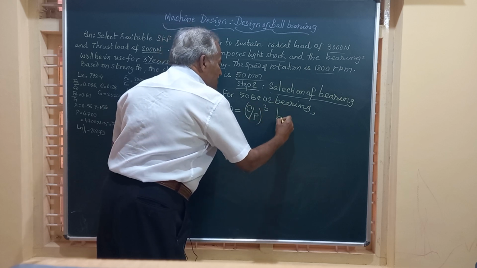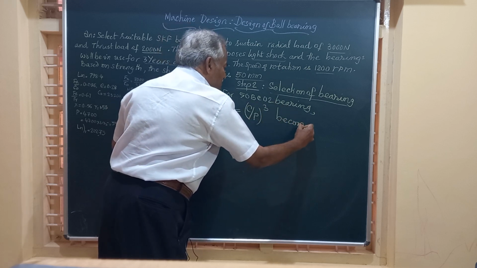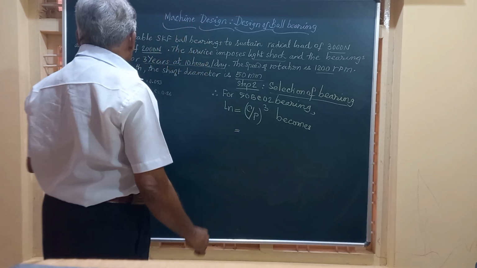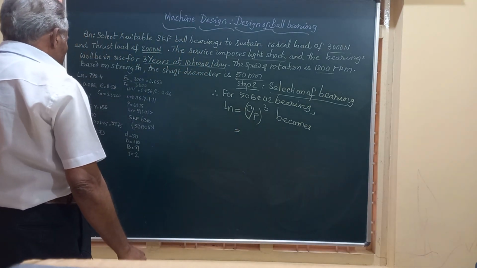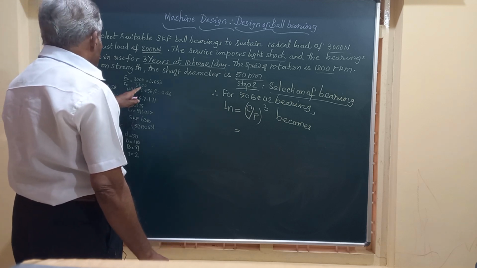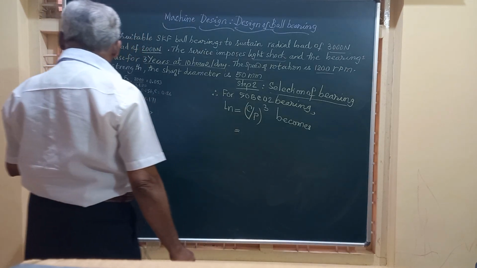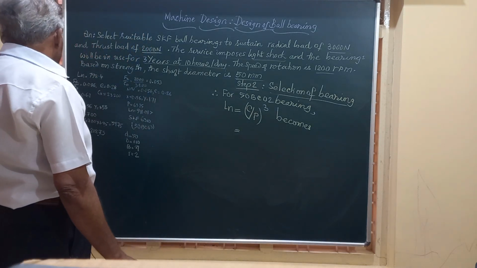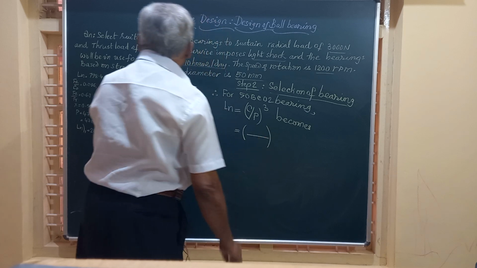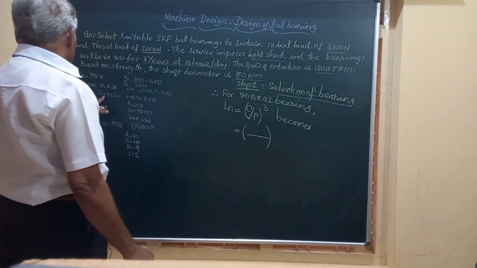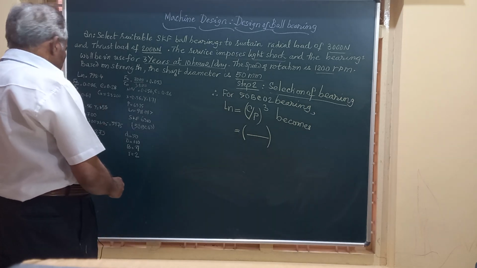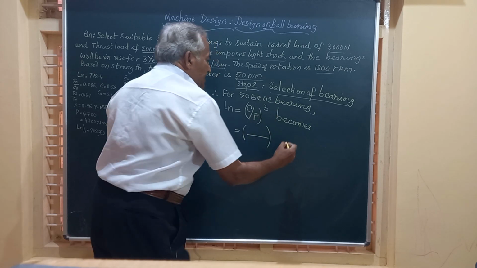The value of C is known to you. Ln is C by P. C is 38,000, sorry. So you get the value of C, and this is available from the table again.